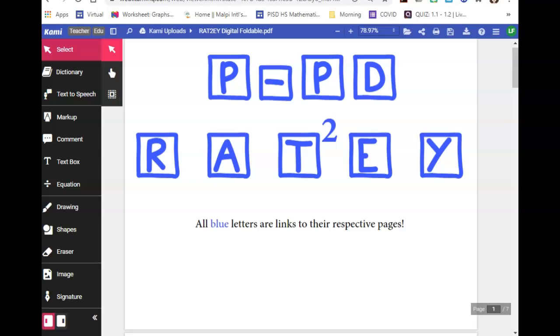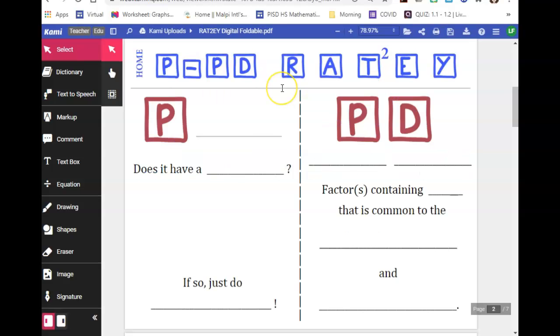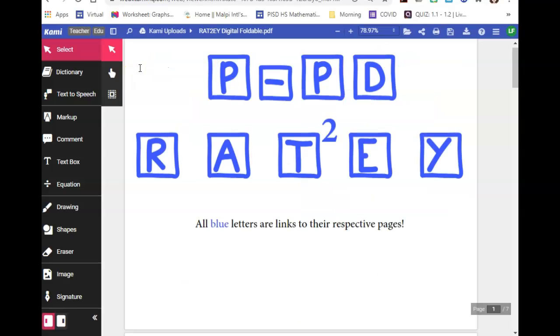This is called PPD Rady, or sometimes people say RAT2EY, but I like Rady better. All of the blue letters in this foldable are links to their respective pages. Once you have your select tool, you can't have the pen or anything, but we can click, and yes, you could scroll through this too, but let's say we start with PPD, we'll get to what that means, and then say, okay, well then I could go back home, so now I'm at the home page.